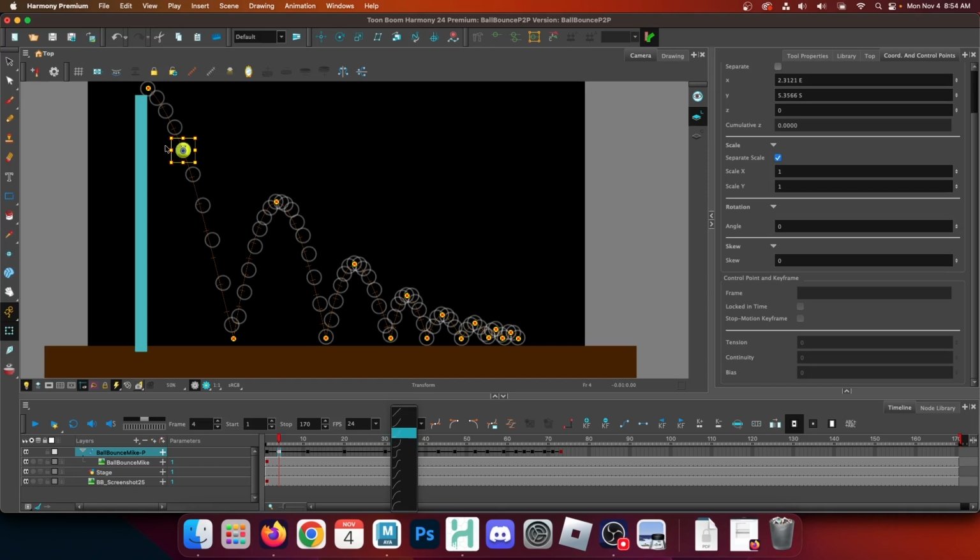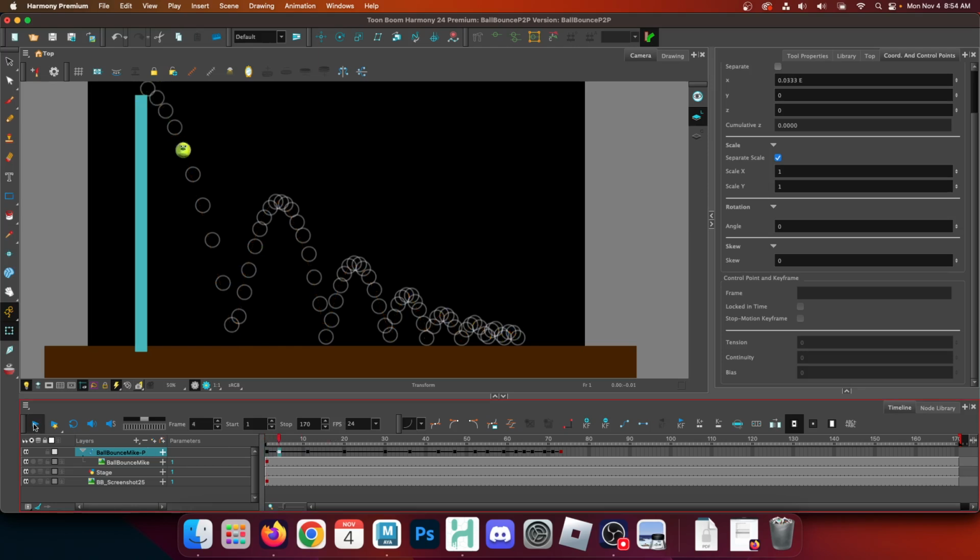If you take a look at this portion of my ball bounce right here, from this point in space down to the ground, if I switch it to this very extreme slow in, you'll see how these in-betweens start bunching up here, but then they spread out further down the timeline as it tries to accelerate them, because more change over less time makes things look fast.